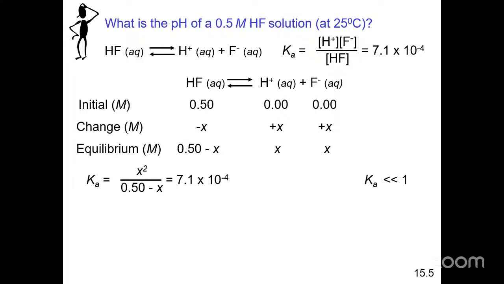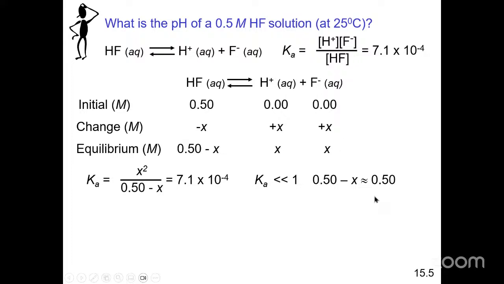The assumption is, because Ka is a very low number compared to 1, that the X value will be very small. What that means is that the X value will be so small that 0.50 minus X will be approximately equal to 0.50. Because it's a weak acid, you'd expect that the X value will be small compared to 0.50, such that 0.50 minus X is approximately equal to 0.50.